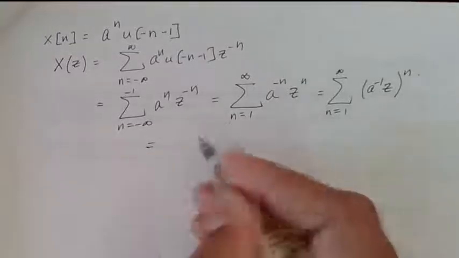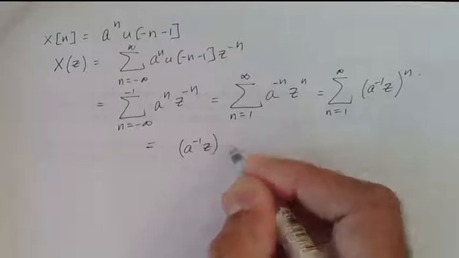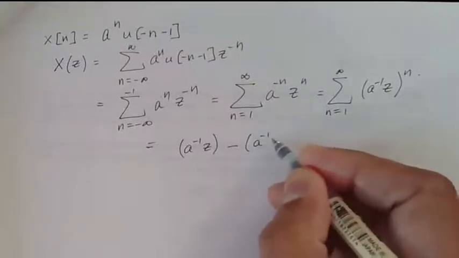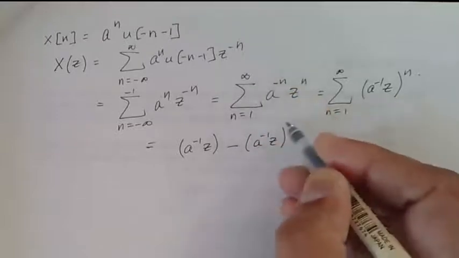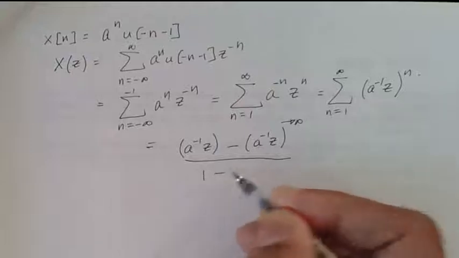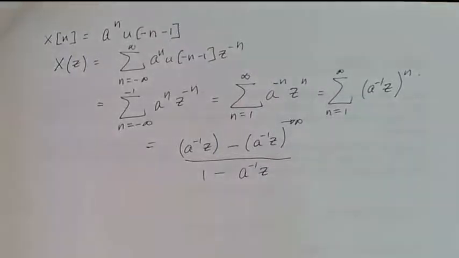And now I can use my geometric sum formula. So this will be a to the minus 1 z to the power of the lower limit, which is 1, minus a to the minus 1 z to the power upper limit plus 1, which goes to infinity, over 1 minus a to the minus 1 z. Right?